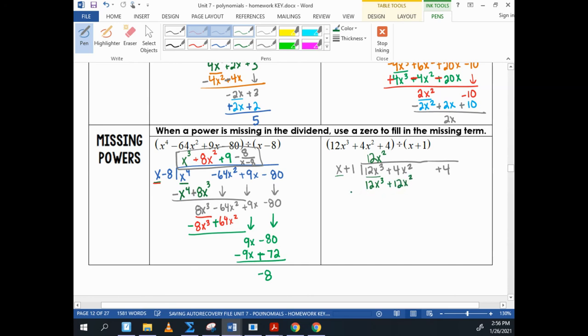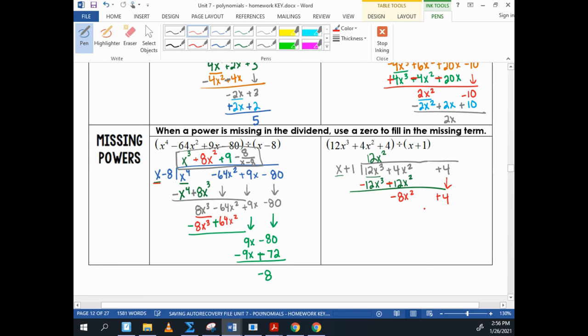All right, now we're going to subtract both of these. And so that means that we just basically switch the signs of both of them. They're both going to be subtract. And 4x squared minus 12x squared, that gives me a negative 8x squared. And I'm going to drop this plus 4 down. Again, I kind of left that space in between right there. All right, now we start all over.